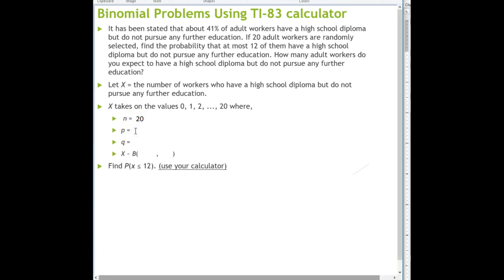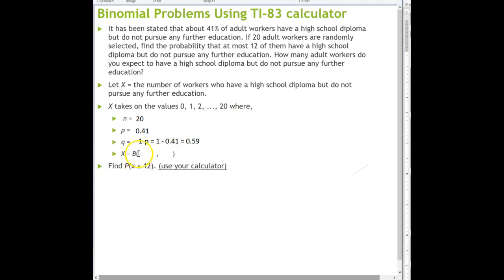The probability of success in this case is 41%, so 0.41. Then to get Q, we have to do 1 minus P, which equals 1 minus 0.41, which equals 0.59, so 59%.